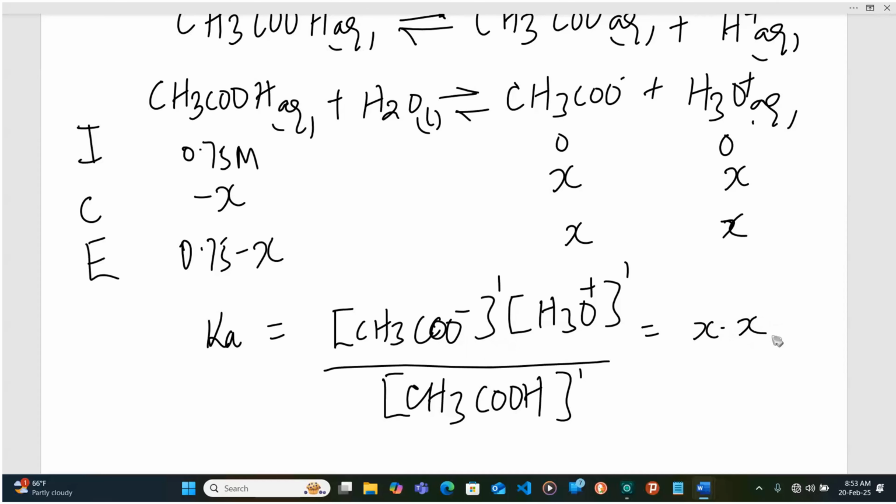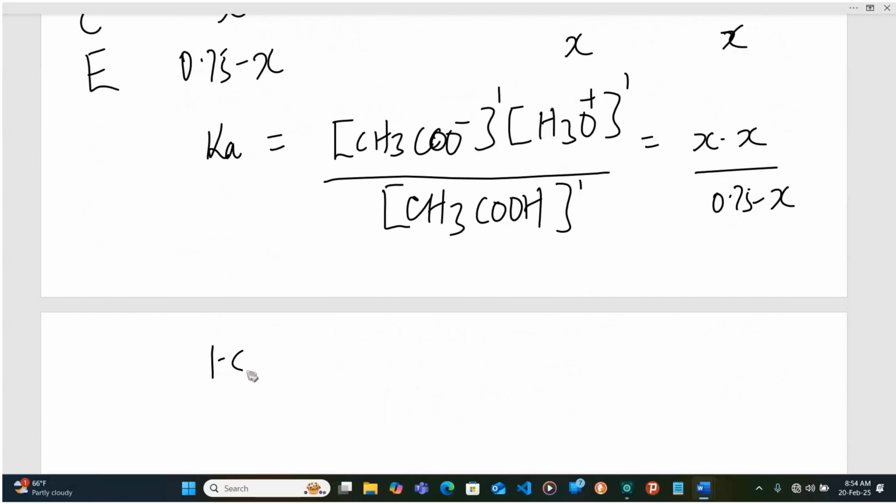So this is times X divided by, at equilibrium, ethanoic acid is 0.75 minus X. So this is going to be 1.8 times 10 to the power negative 5, and this is going to be X squared divided by 0.75 minus X. So here, what I'm going to do, you can try it by leaving this X there.